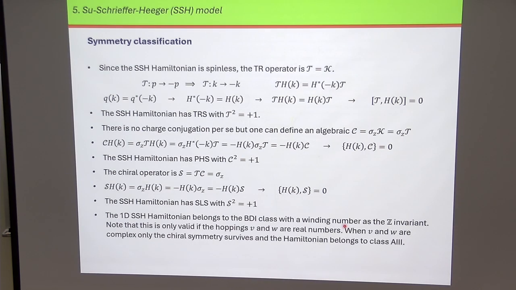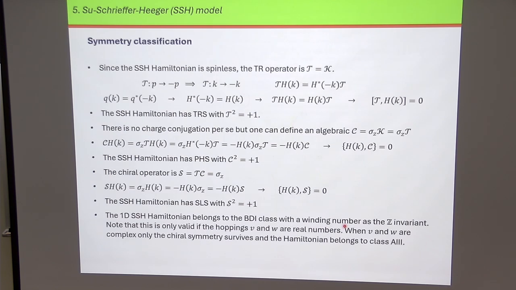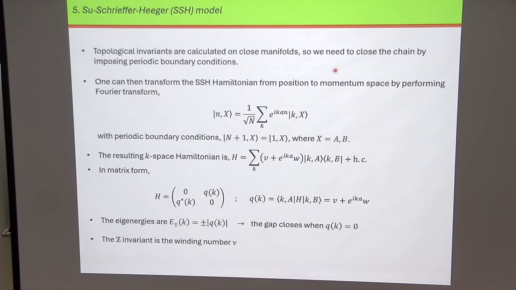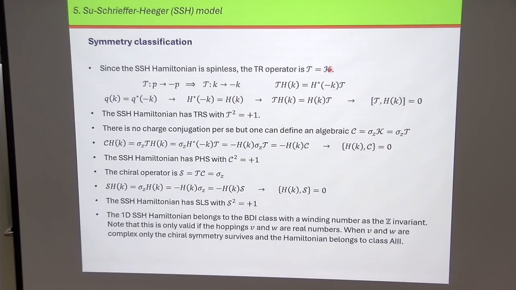I will go into the details about the winding number in a moment, but before, as an exercise, let's see what is the symmetry class of this Hamiltonian, okay? So we can use the time reversal operator. There is no spin in this Hamiltonian, so it's spinless, so the time reversal will just be the complex conjugation. Now I told you this small detail here, okay?